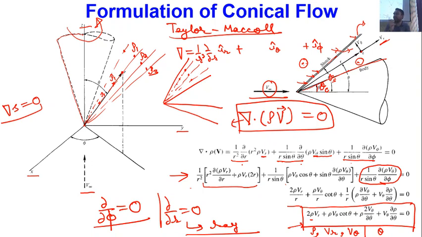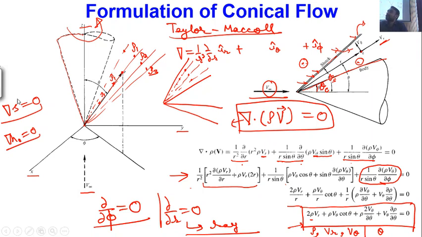If energy is converting from one form to another within the flow field, then the total value of that enthalpy will always remain constant. Unless we are doing any work or heat interaction, for adiabatic flow the gradient of total enthalpy will be 0. So the gradient of H naught will also be equal to 0.